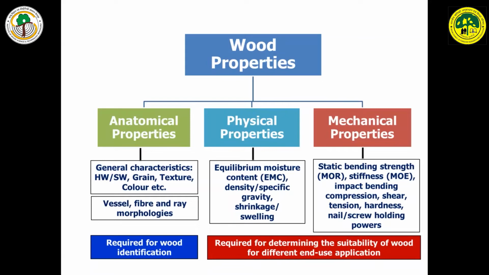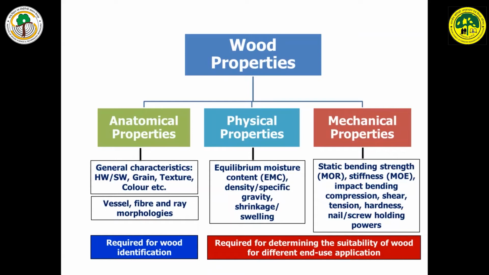Other than that, we have mechanical properties. When we apply force on the wood, how the wood is going to react to those forces, or the load carrying capacity of the wood, is determined by studying the mechanical properties. So what are the mechanical properties as per the Indian standard?